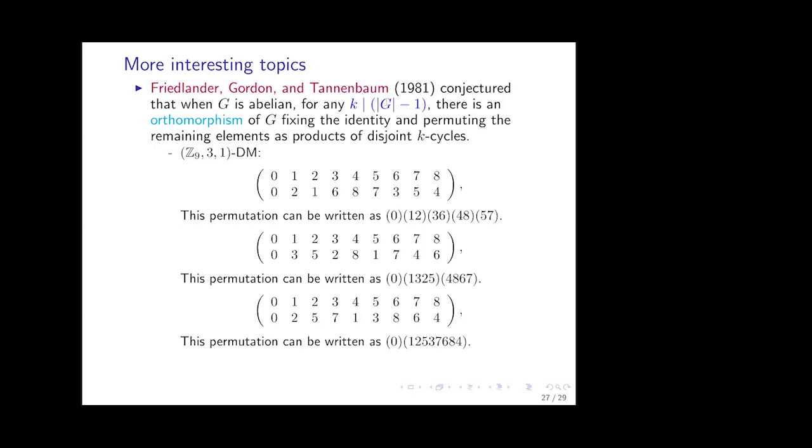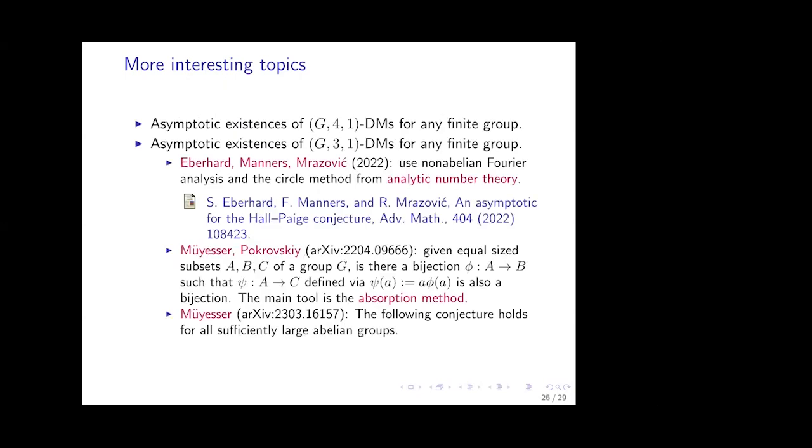As I said, Muyesser showed that for all sufficiently large abelian groups, this conjecture holds. The method is still the absorption method.